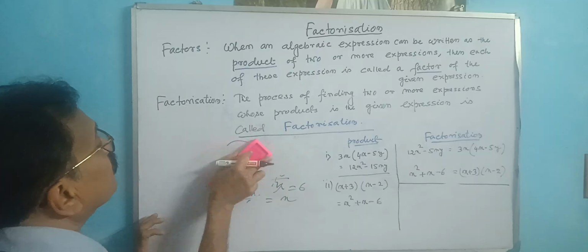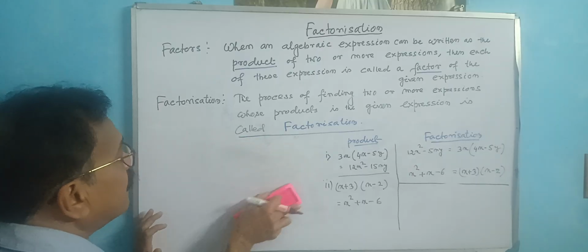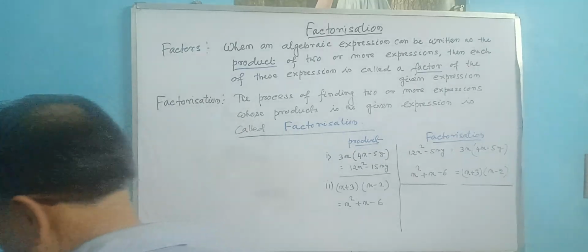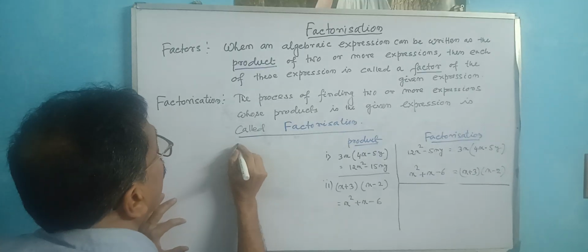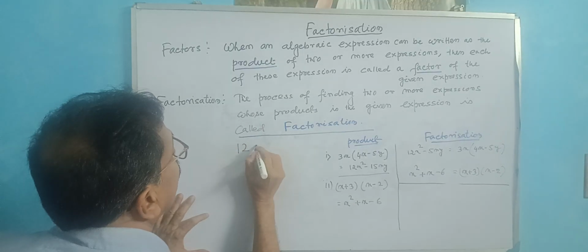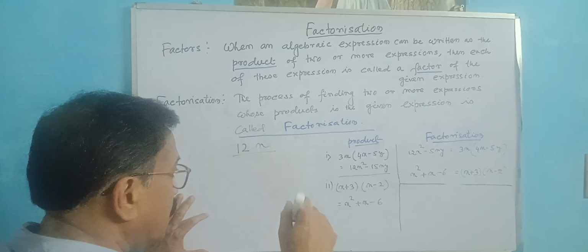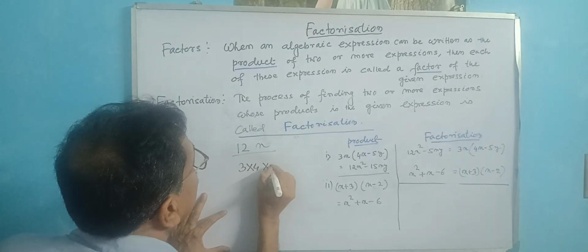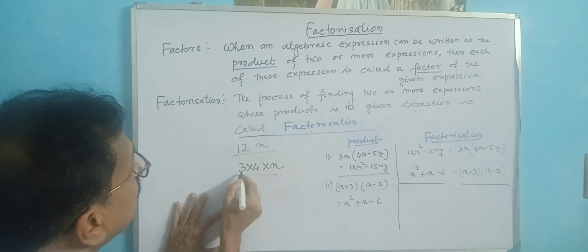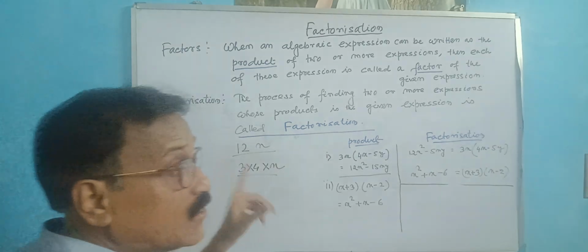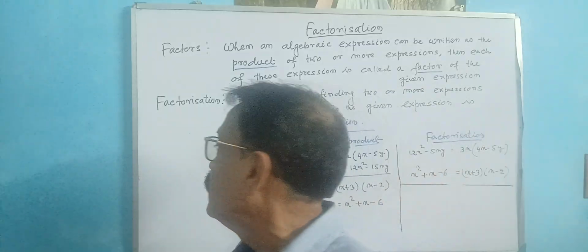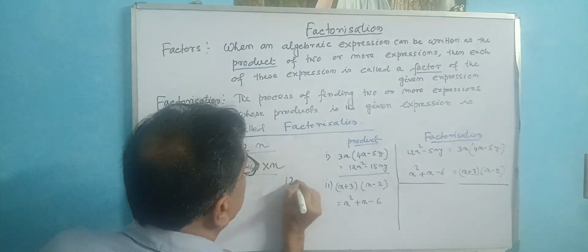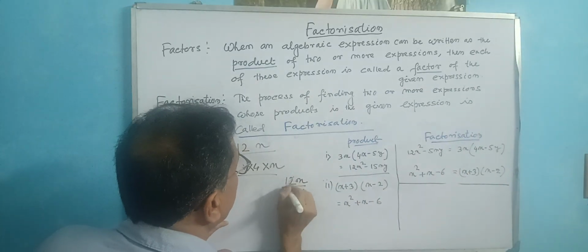Suppose this is the multiple relation. Suppose 12x. If you break 12 as 3 into 4 into x, that means 3 is a factor of 12x, because if you divide 12x by 3, you get 4x.